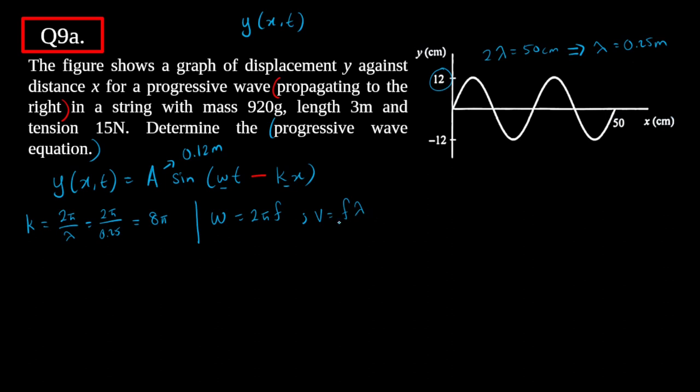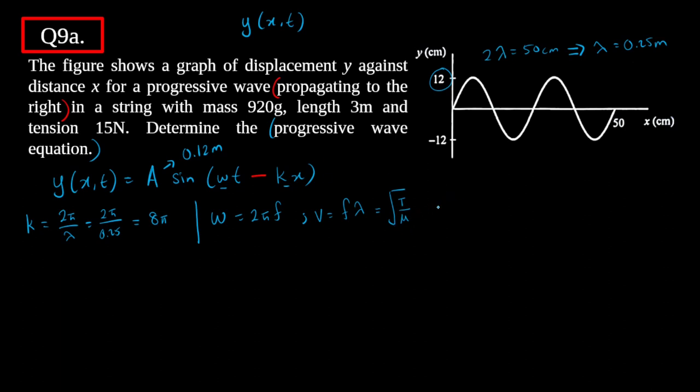Now, the velocity of a wave, specifically for a string, is going to be equal to the square root of tension over mu. What is mu? Mu is the mass density.